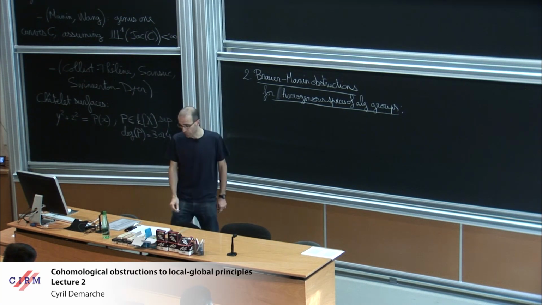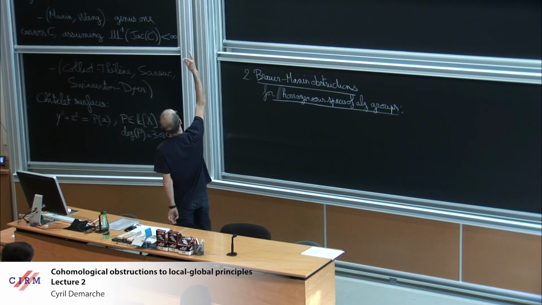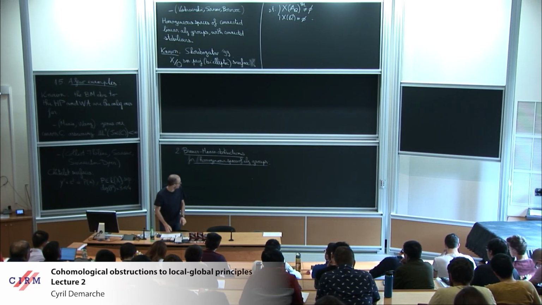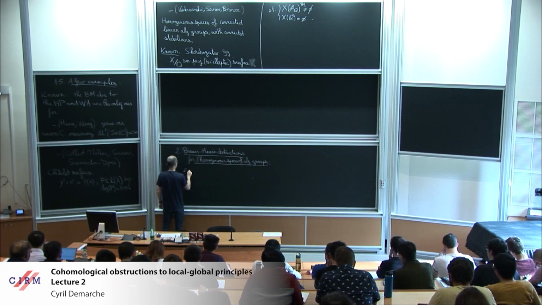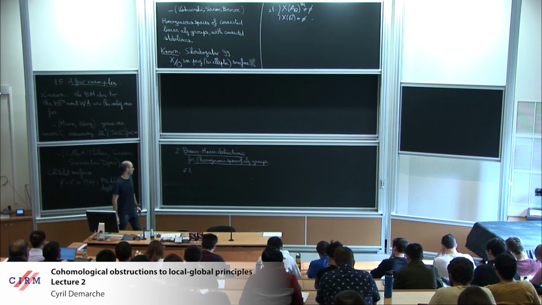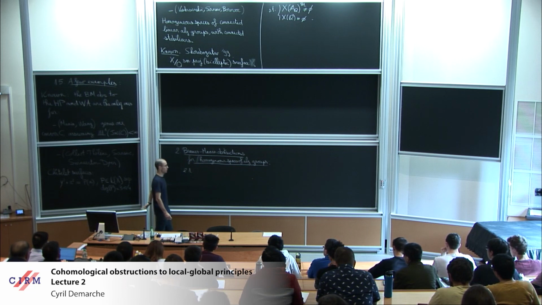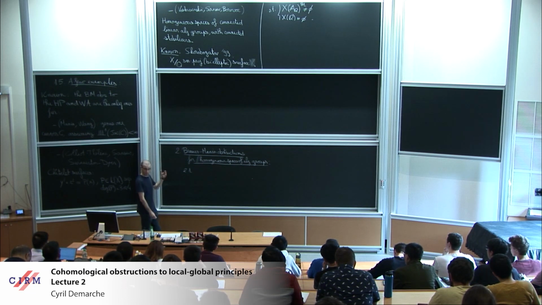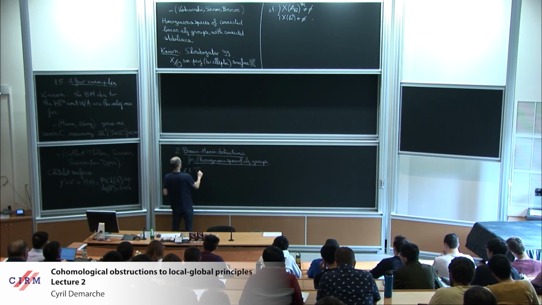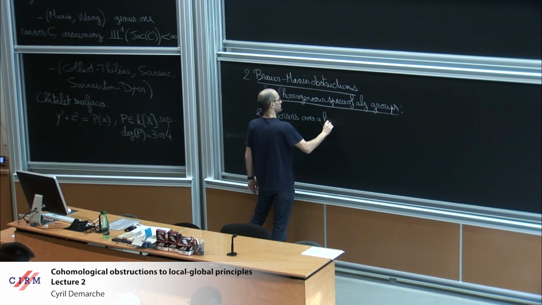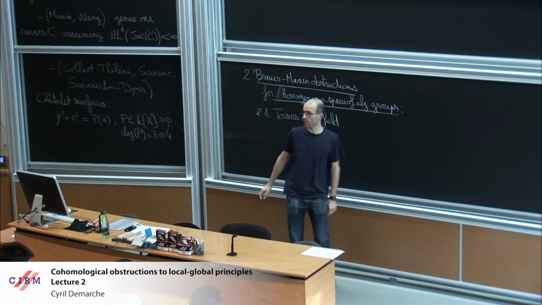And just to explain the words in the statements, I need first to explain, so this is 2.1, the notion of homogeneous spaces, and more precisely, we will start with principal homogeneous spaces, also known as torsors. So, torsors over a field, and a connection between torsors and Galois cohomology.